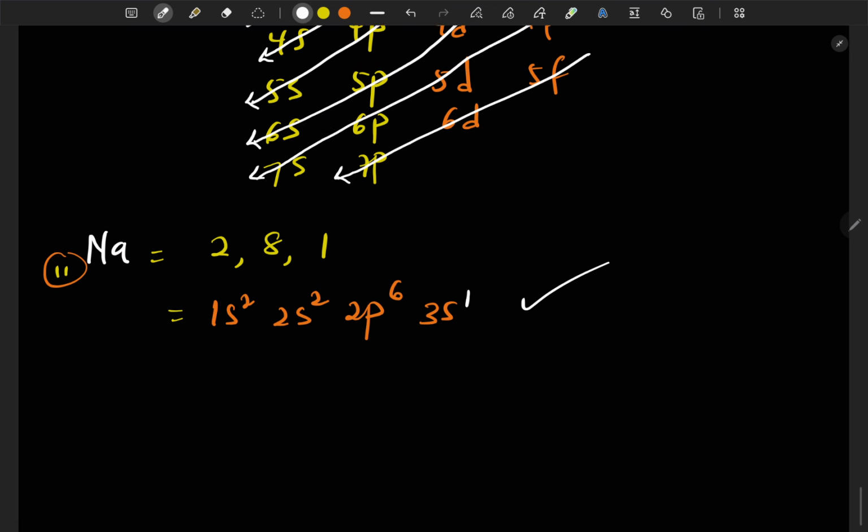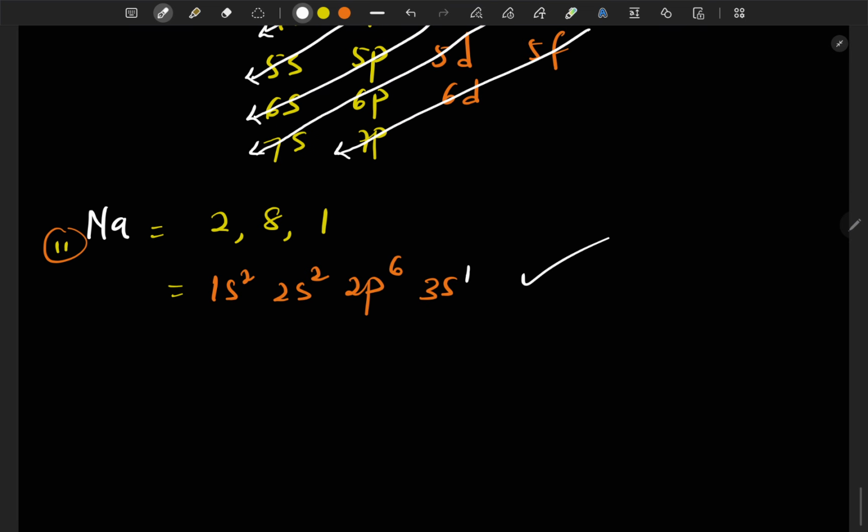So let's try another atom. Let's do the electronic configuration of calcium. Calcium on the periodic table has atomic number 20. You have to be familiar with at least the first 20 elements on the periodic table and know their atomic numbers, because when you are solving problems, you will not be provided with the atomic number.